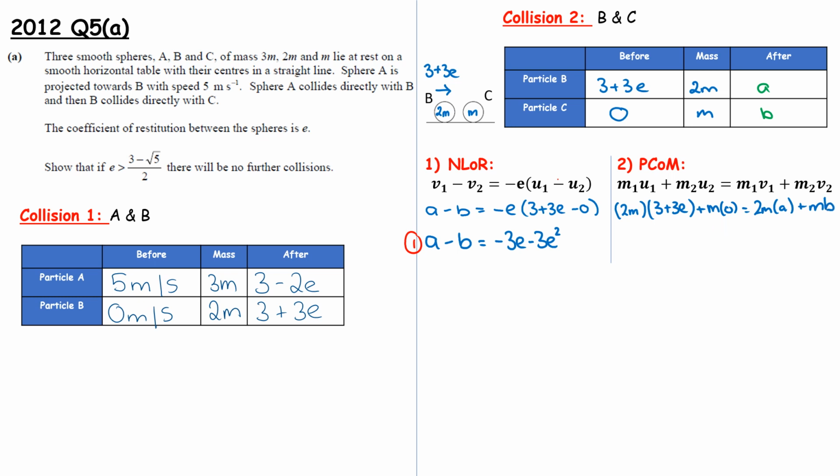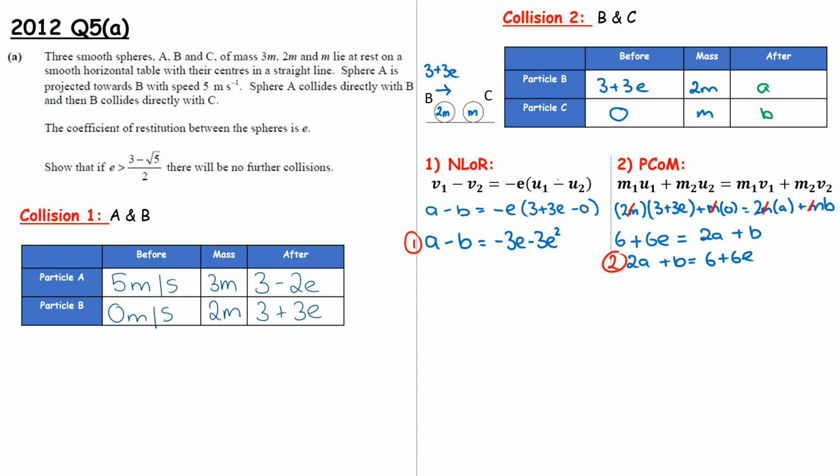Before I do a cleanup, I'm going to cancel out all these m's to make it easier: 6 plus 6e is equal to 2a plus b. So 2a plus b is equal to 6 plus 6e, and that is equation 2.